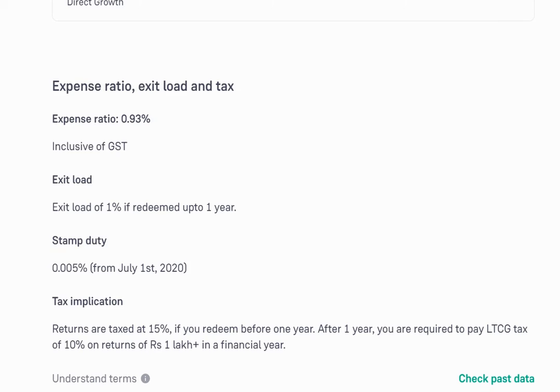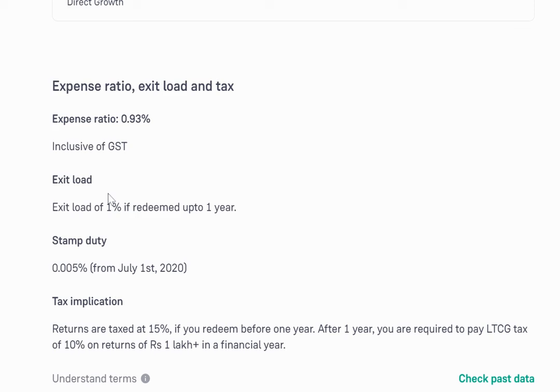What does expense ratio mean? 0.93% of your invested amount will be taken as fees for managing your fund, annually, per annum, by the mutual fund.